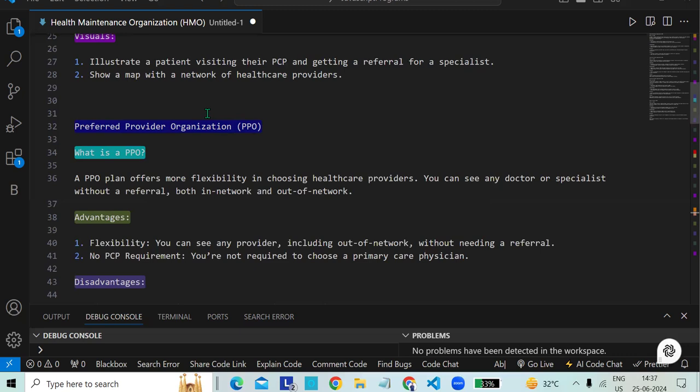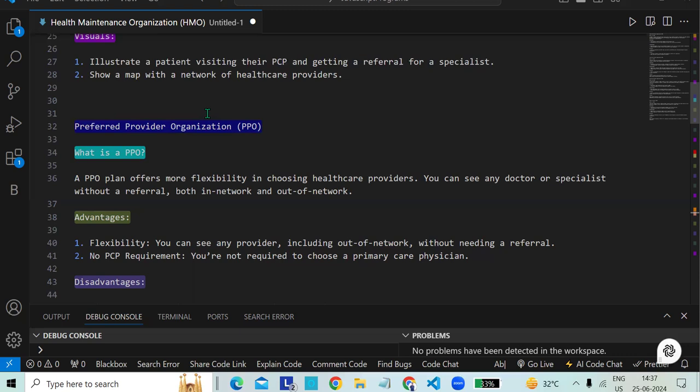So you can see any doctor or specialist without a referral, both in network and out of network. But in the HMO, you can only meet in-network providers. In the PPO plan, you can meet both in network and out of network.